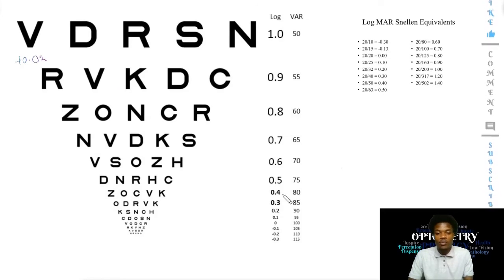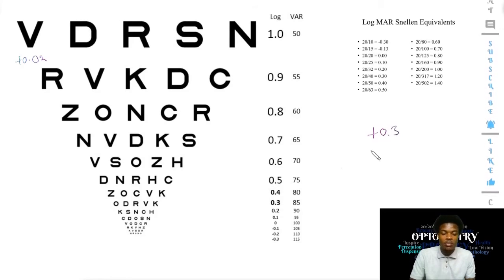If we move that chart, we need to add 0.3 to the LogMAR. No matter what they read on the line, make sure to add 0.3 if you bring it up to half of the distance that it is required to be at.